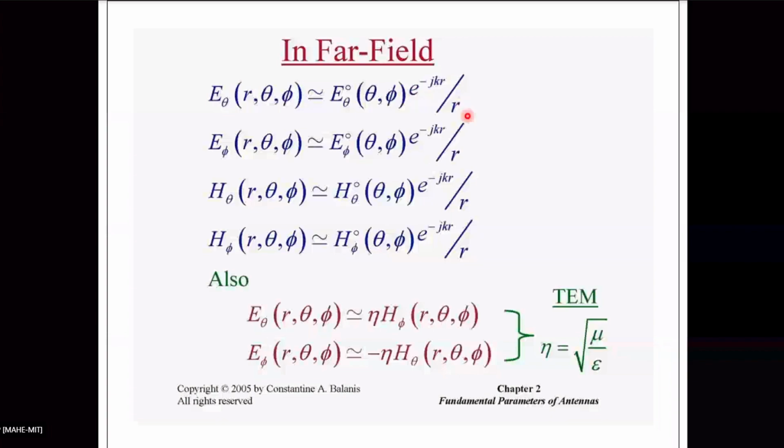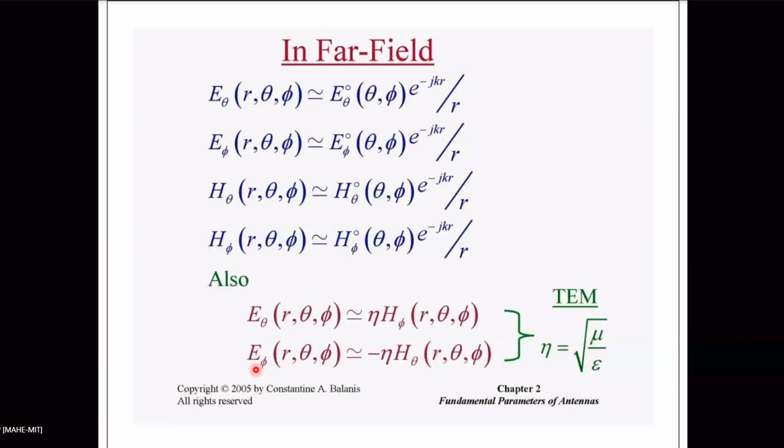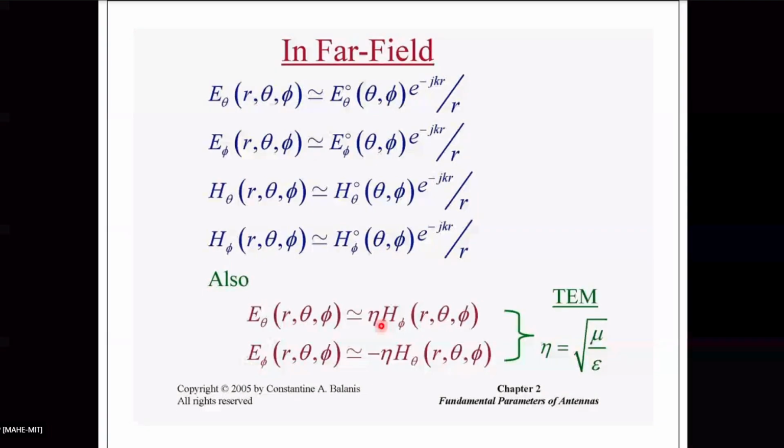And the electric field is inversely proportional to distance, so 1 by r. So these are the different terms. This is what I explained earlier. E theta is eta into H phi, of r theta phi. E phi of r theta phi is minus eta H theta of r theta phi. You know why minus? Minus eta?